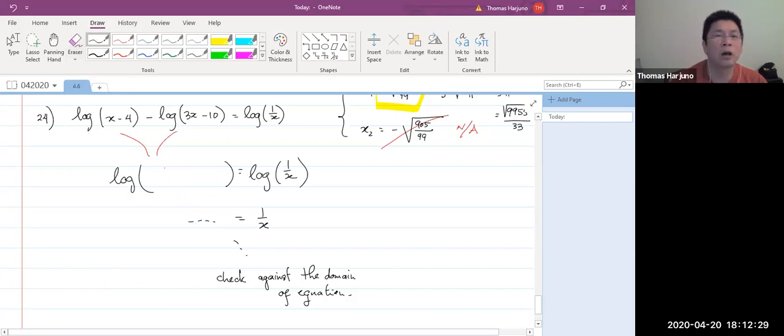This will become, we need to make it into a single log. So it's x minus 4 over 3x minus 10, right? And then log blah equals log blah. They have the same base. So now that means we have x minus 4 over 3x minus 10 equals 1 over x.